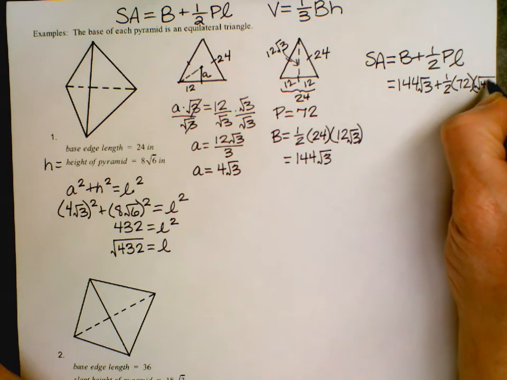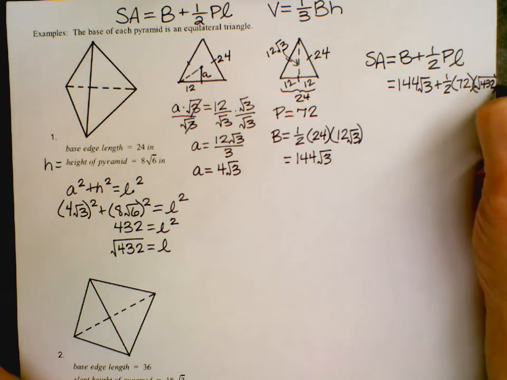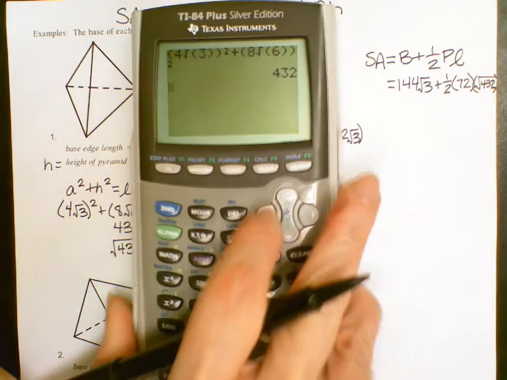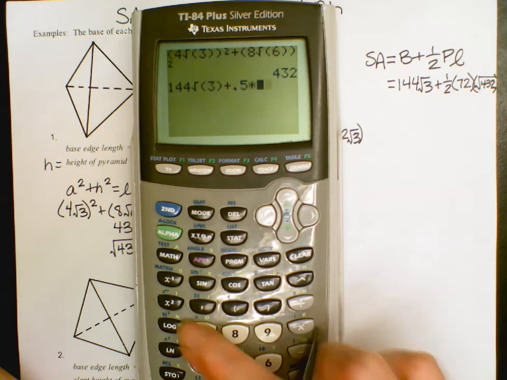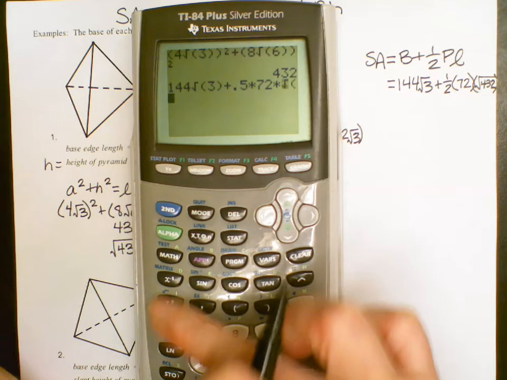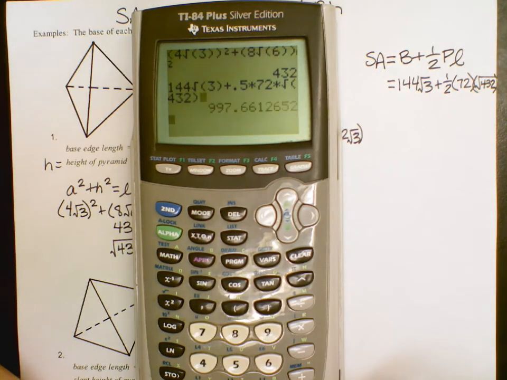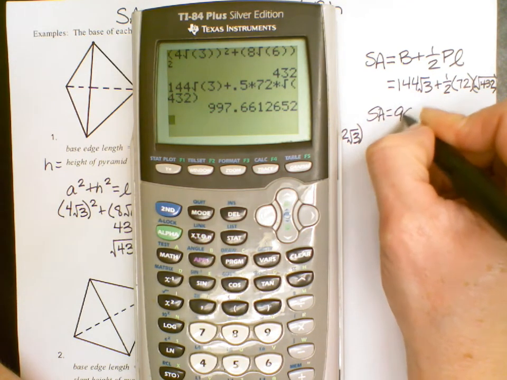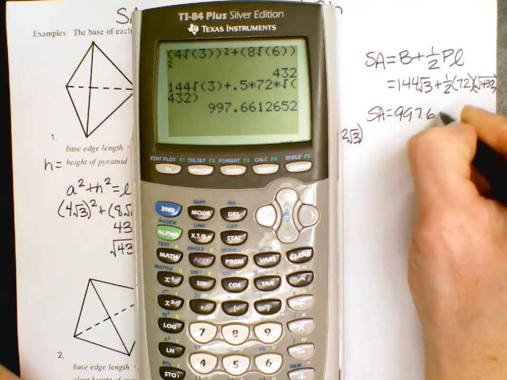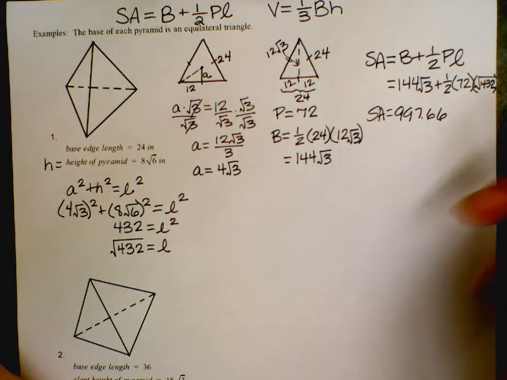Onto the calculator. 144 square root 3 plus half of 72 times the square root of 432 tells us the surface area is 997.66 inches squared.